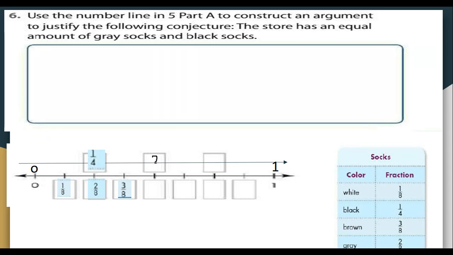So we had this as 2/4, 3/4, 4/4, 4/8, I'm sorry, 5/8, 6/8, 7/8.